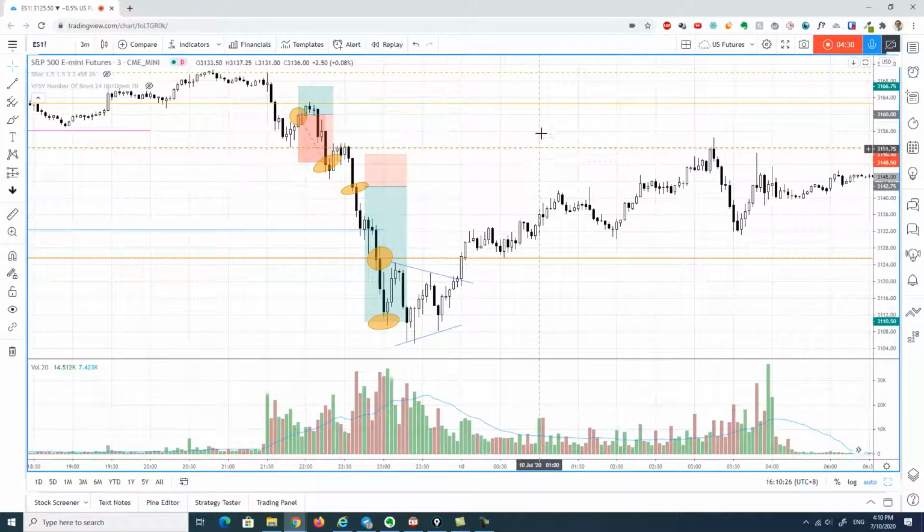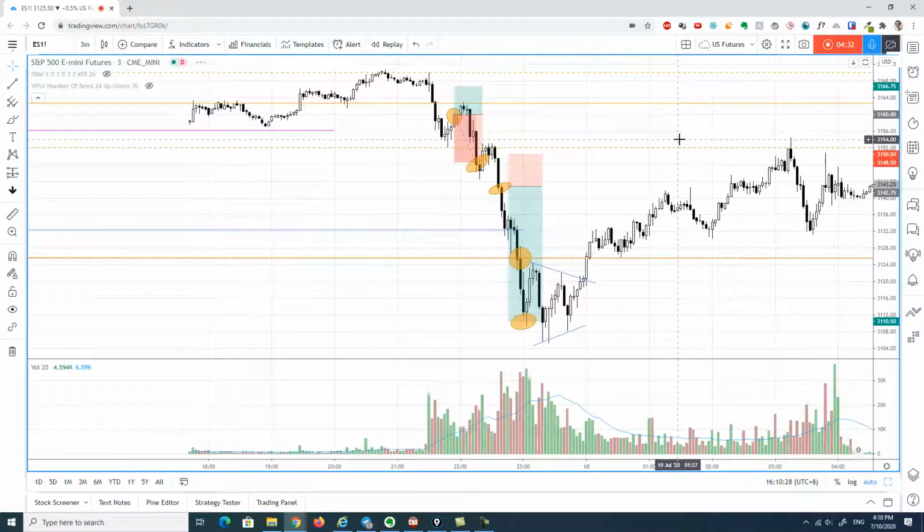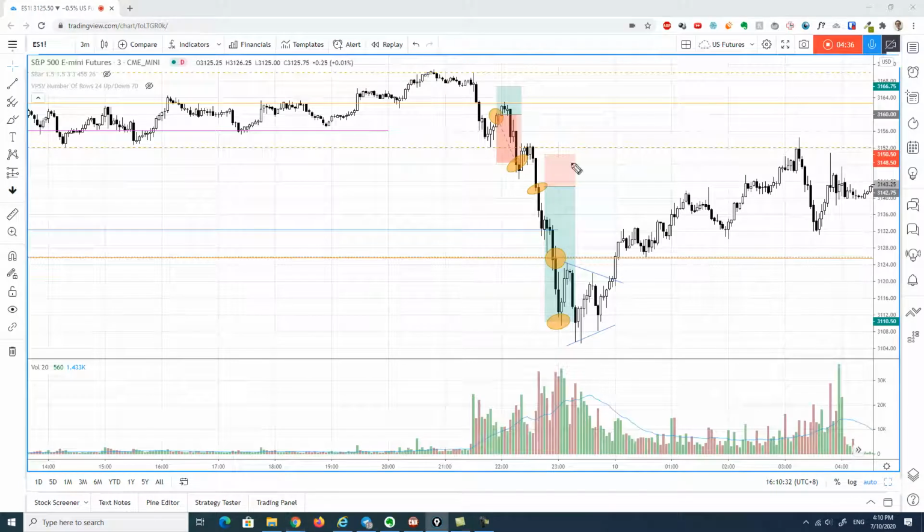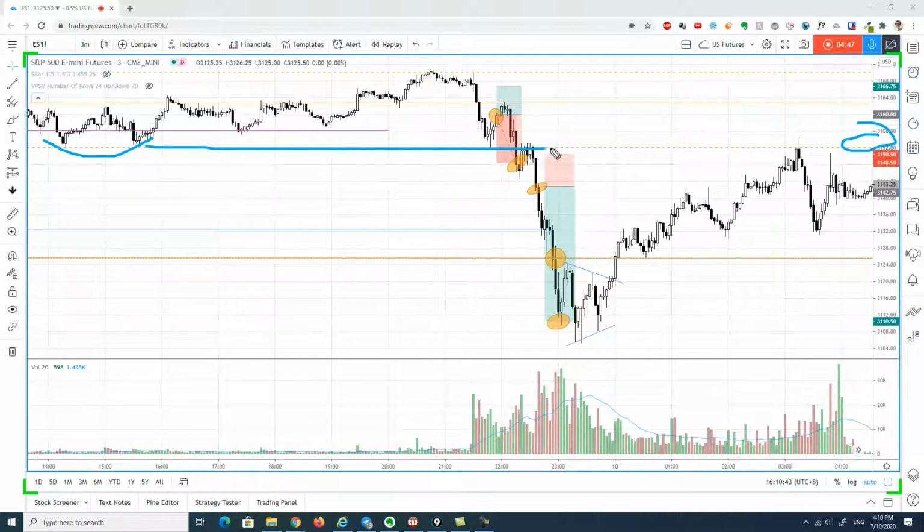My bias, as I mentioned in my video yesterday, was a potential long scenario after a test or spring of this 3152 level, the non-RTH low here, and potentially another level at the last hour bar, probably around 3145.